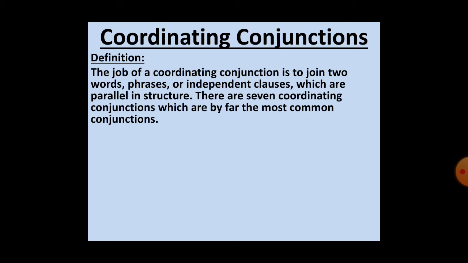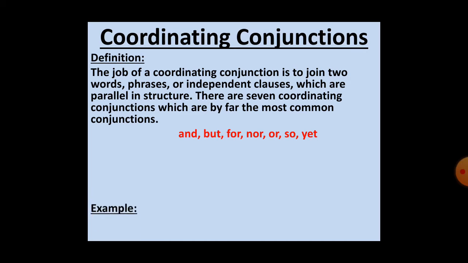Okay, same category means we can use simple sentence with another simple sentence, a compound sentence with a compound sentence. Okay students, and these are the coordinating conjunctions: and, but, for, nor, or, so, and yet, and in short form we can say FANBOYS.